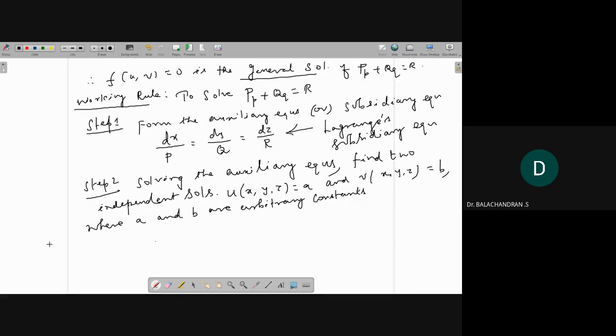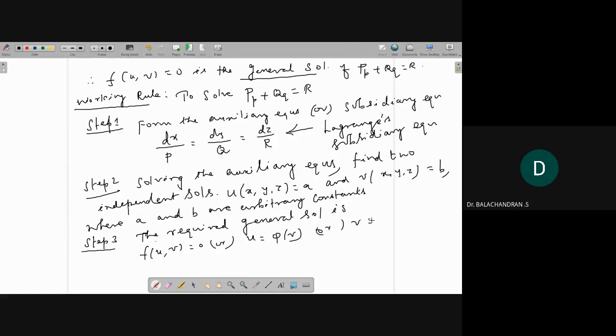And then step 3. Then the required general solution is f of u comma v equal to 0, or u equal to a function of v, or v equal to some other function of u.